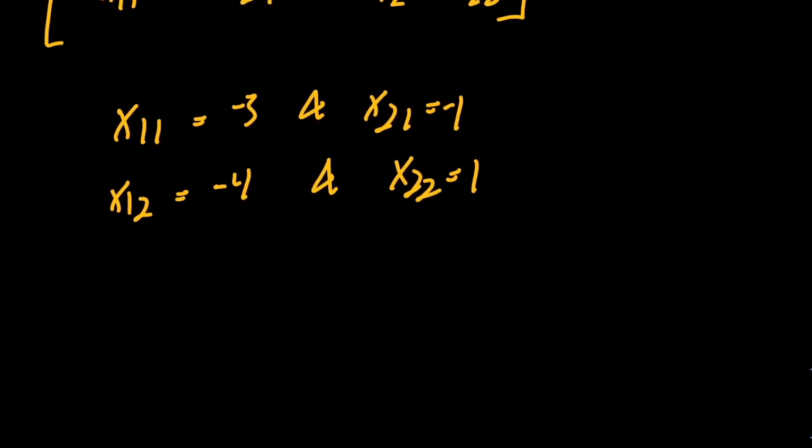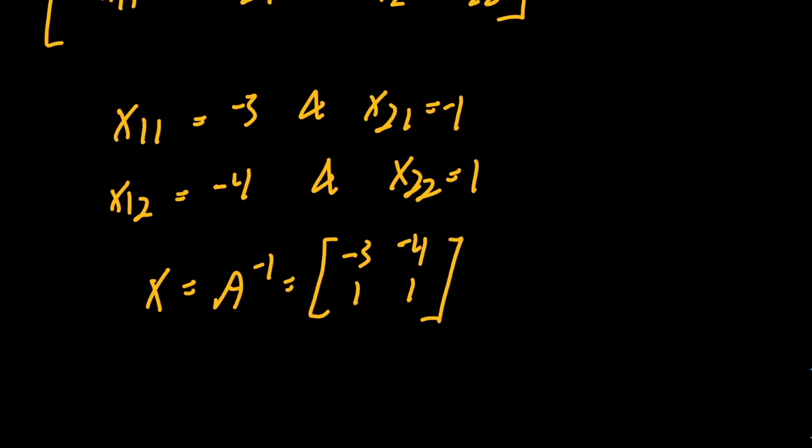As a result, the inverse of A is equal to X, which is A to the negative first power, which is equal to negative 3, 1, negative 4, and 1. We can use matrix multiplication to check the result.